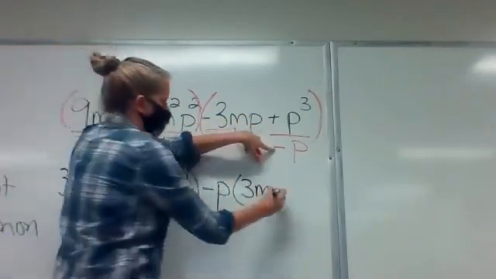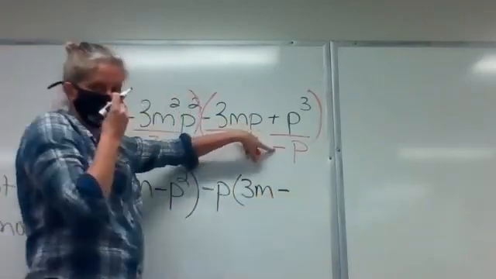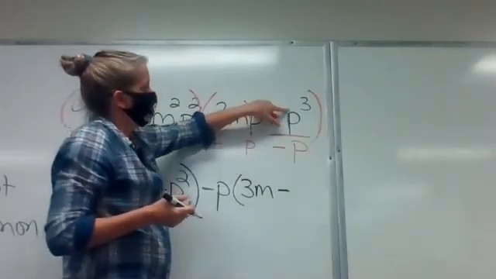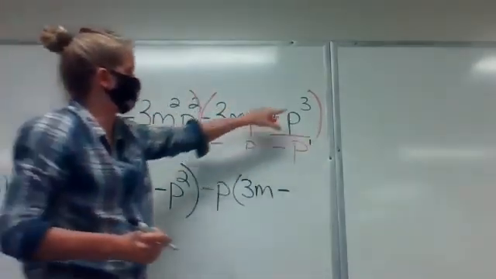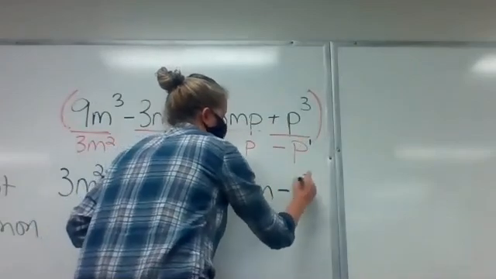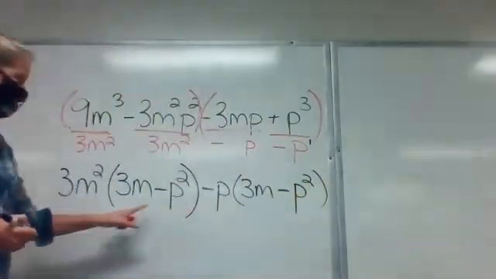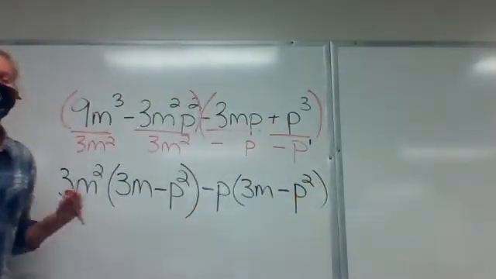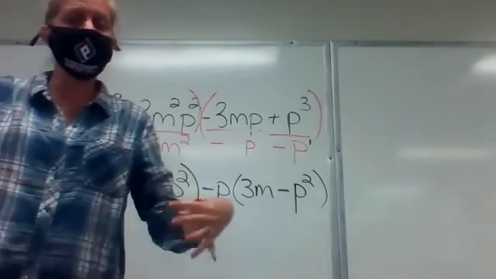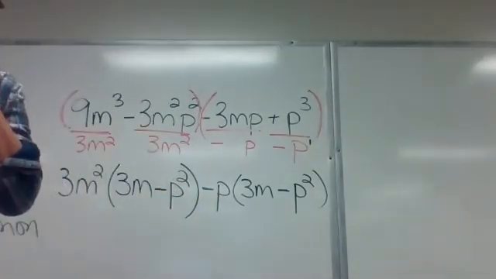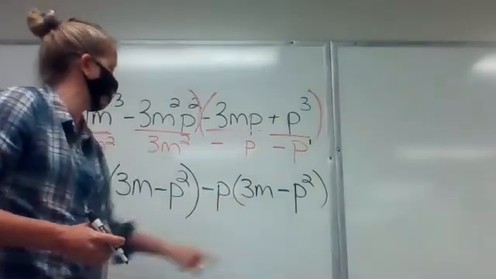You have a positive over a negative, which turns it to negative. P to the third over p to the first. So if I subtract my exponents, I have p to the second. And look, these match, which is what you want. If those don't match, something went wrong somewhere. These are set up to where they're going to factor by grouping, which means your parentheses are going to match.